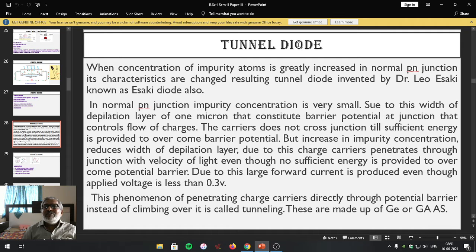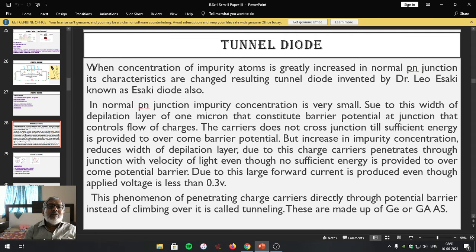This diode was invented by Leo Esaki. So that's why this diode is also named the Esaki diode. Let us go into the details of the same.